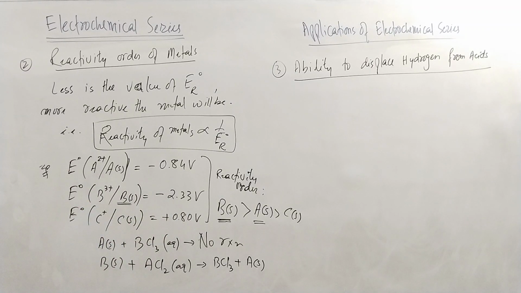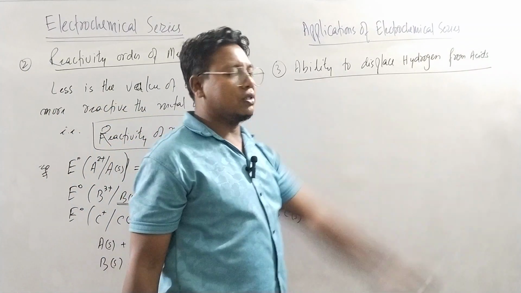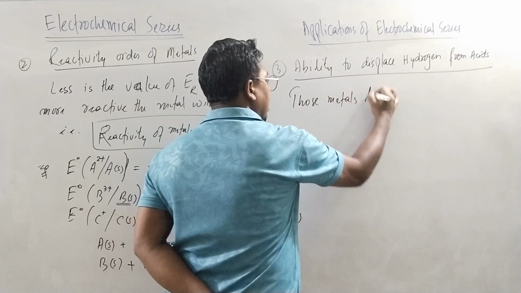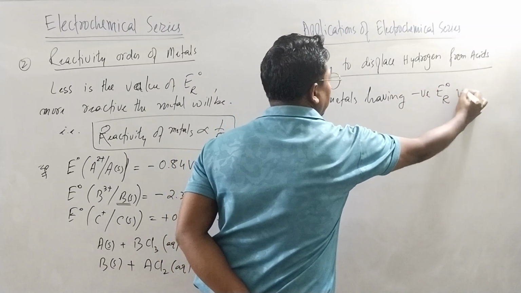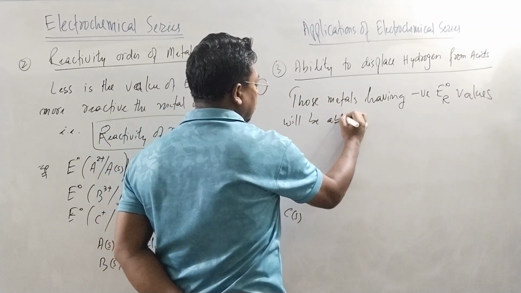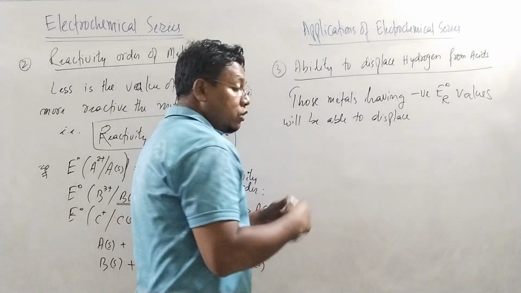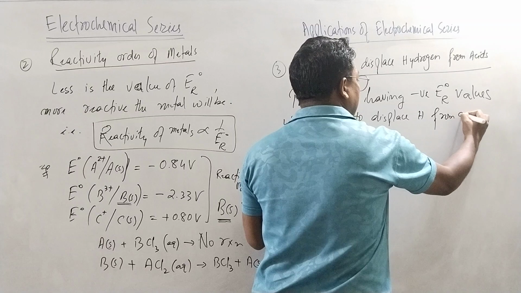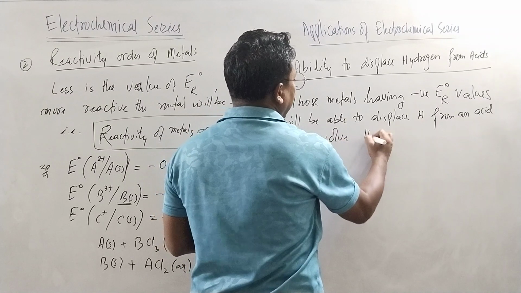And the third application of electrochemical series is the ability to displace hydrogen from acids. Those metals having negative E naught R value will be able to displace hydrogen from an acid, to evolve hydrogen gas.